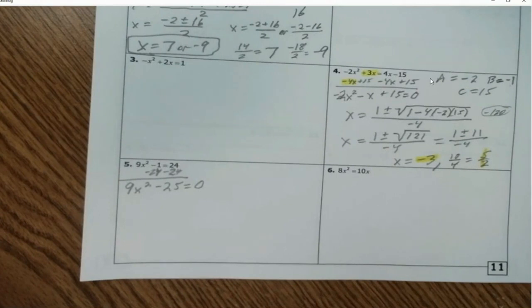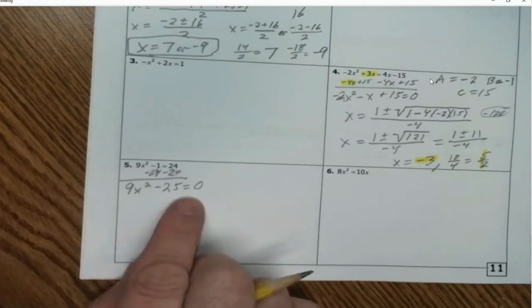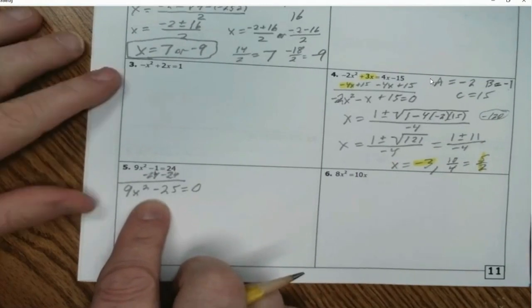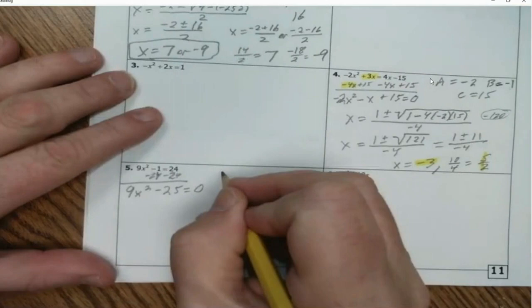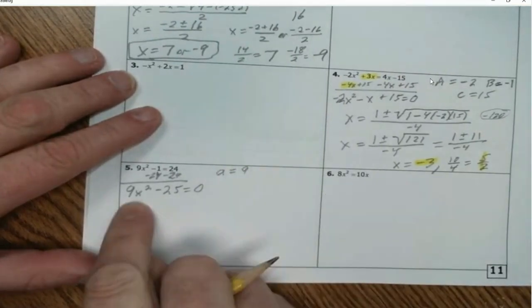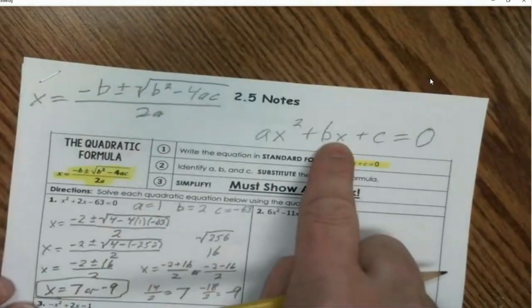That's a 0. Okay. So this is one we would normally want to take difference of squares, factor it, and we're done real quick. But our instructions are to use the quadratic formula. So we have to use the quadratic formula. Our A is 9, right? Our A is the term for the x squared. B is the x term.